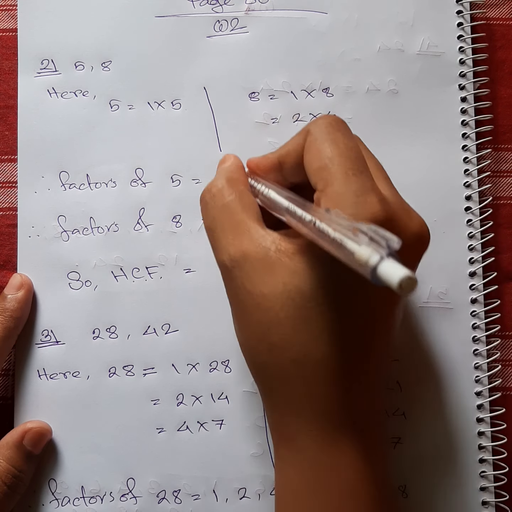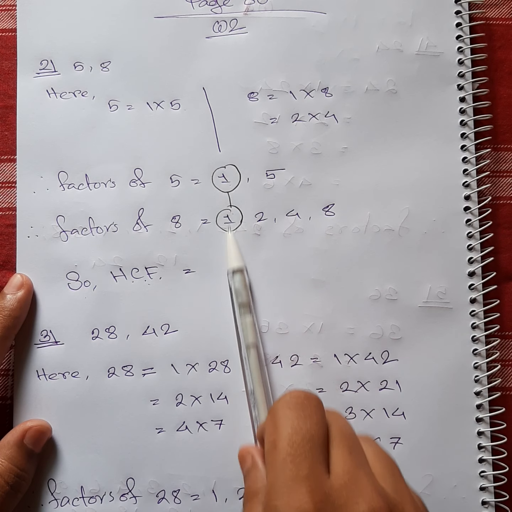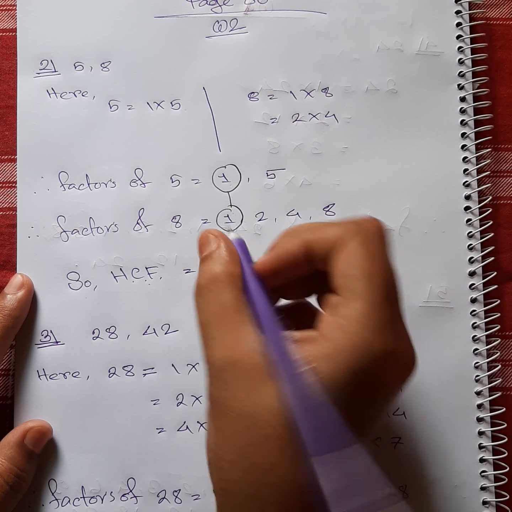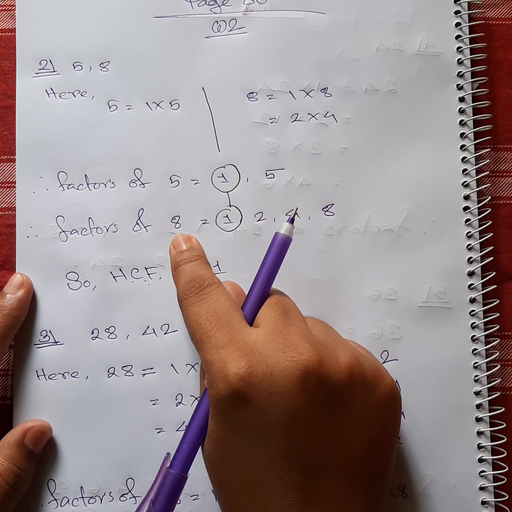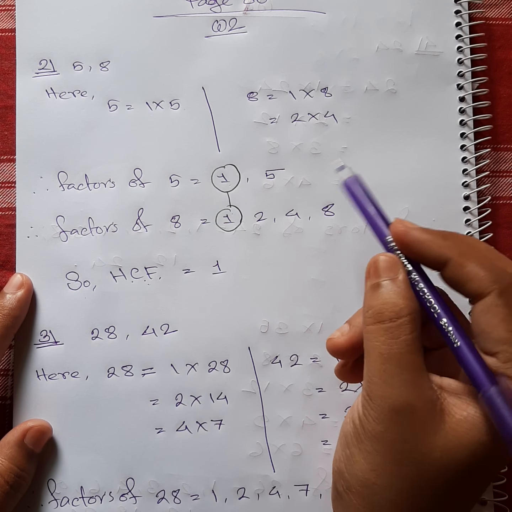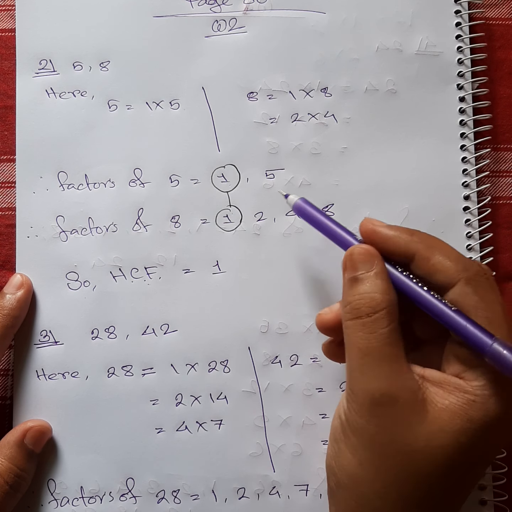We cannot choose more or less; we will not have any other number. So 1 is your HCF. 5 and 8 don't have any other common factors except 1. This is why their HCF will be 1.